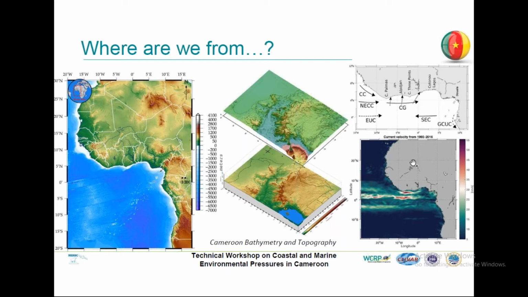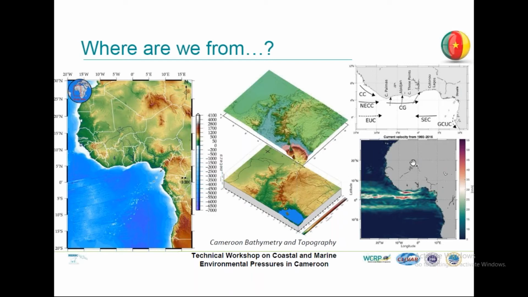If you look at the figures on the right, I'm presenting from altimetry the combination of current velocity from 1993 up to 2016. We can find that along the equator and near Ivory Coast and Togo, we have intensifications of the Guinea current.